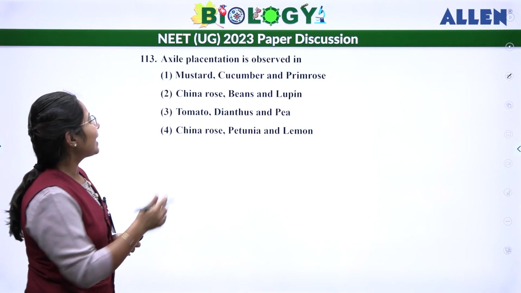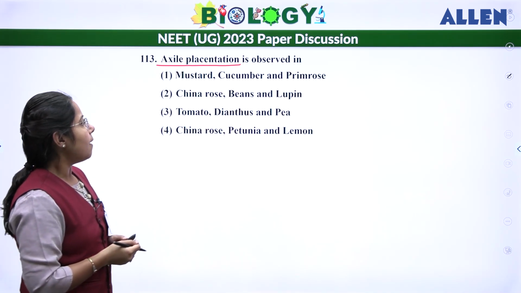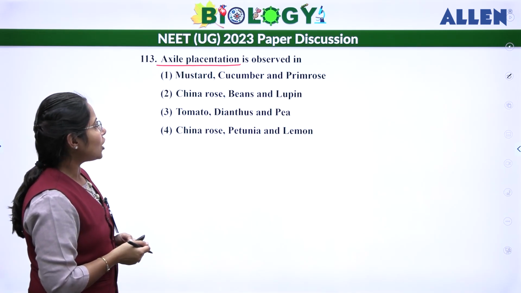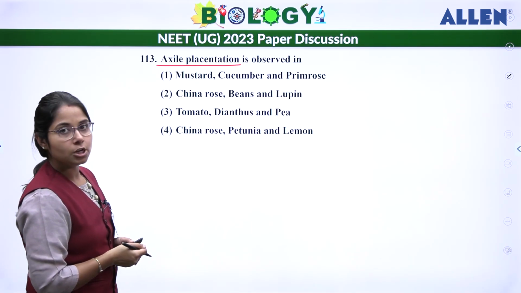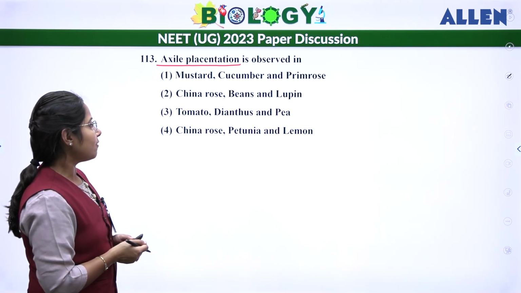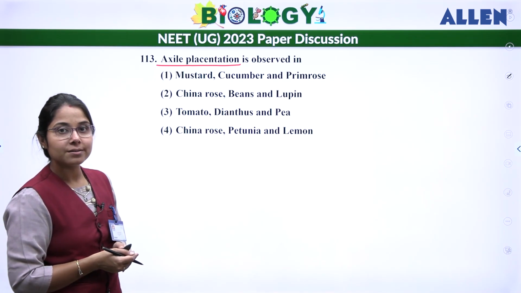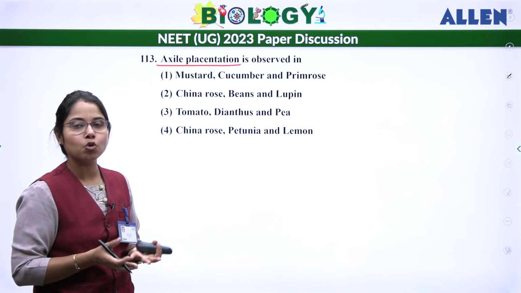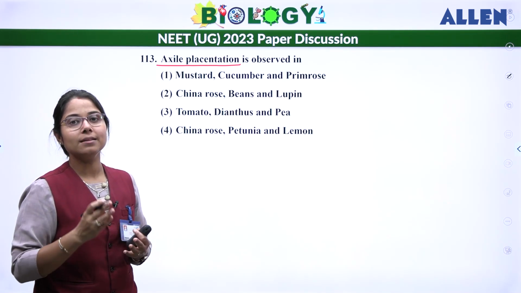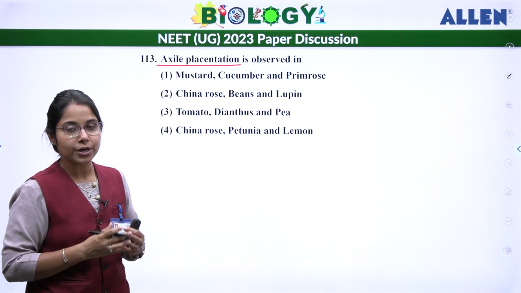Axile placentation is observed in: first, mustard, cucumber and primrose; second, China rose, bean and lupin; third, tomato, dianthus and pea; and the fourth option, China rose, petunia as well as lemon. So axile placentation is where the ovary is divided into multiple chambers, multiple locules, and the ovules are present in the center, attached to the axis.